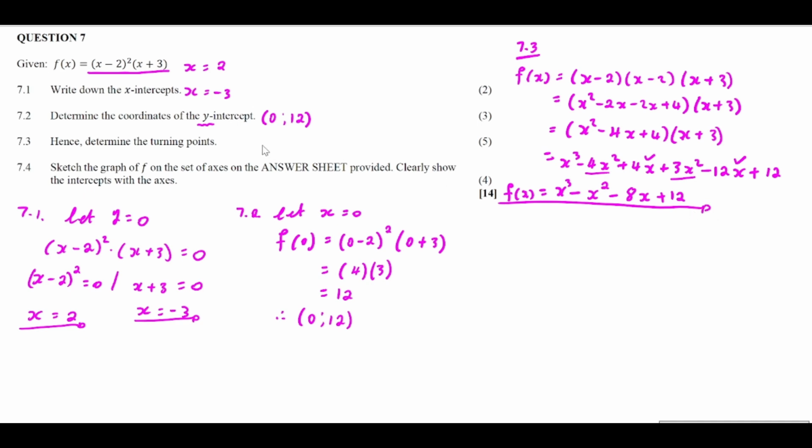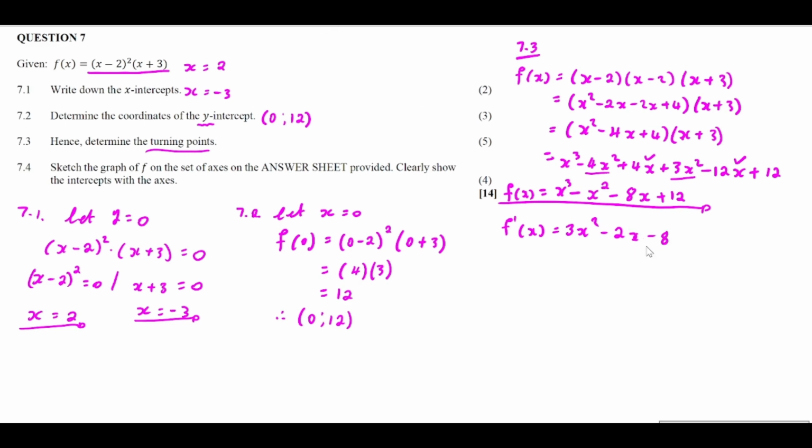So we need to determine the turning points. That's the question. So how do we determine the turning points? We must find the derivative of the function, equate it to 0, and then solve for x. So the derivative f prime of x: the derivative of x cubed is going to give us 3x squared, minus 2x, minus 8.